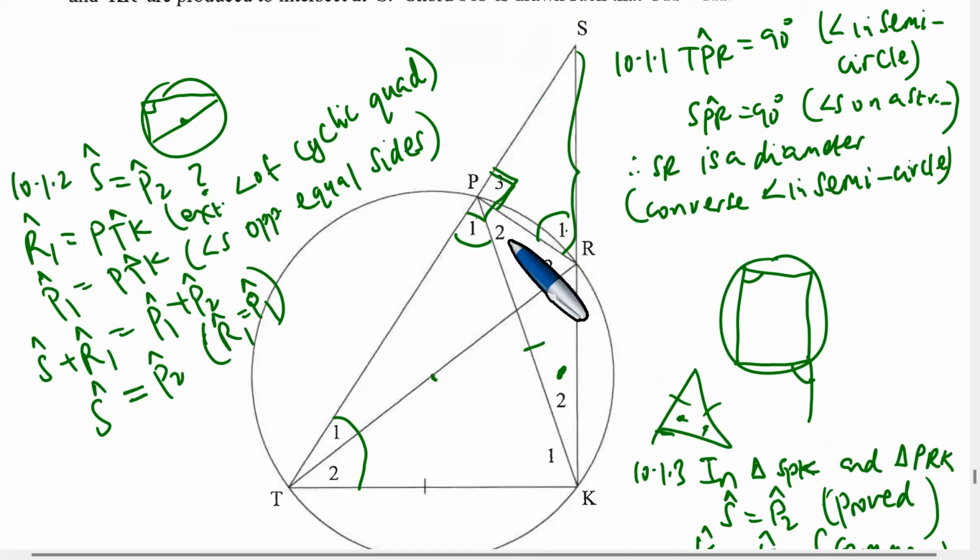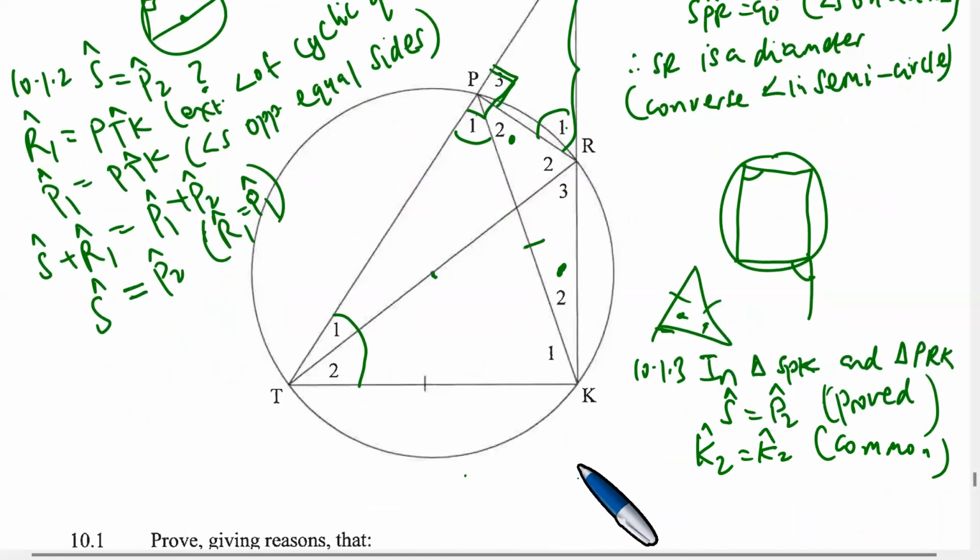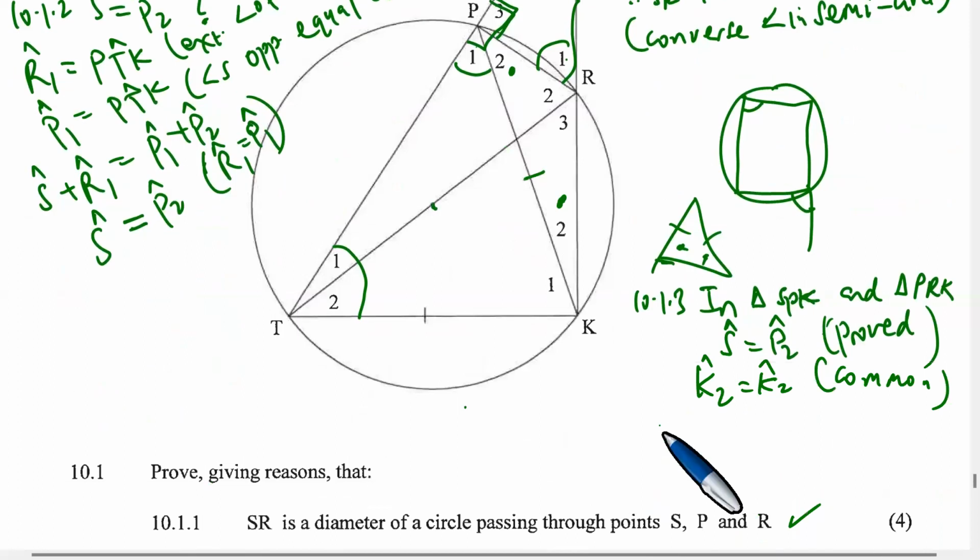We've seen that P2 is equal to S. What angle is remaining? The third angle is actually PRK and KPS, or SPK, is PRK.